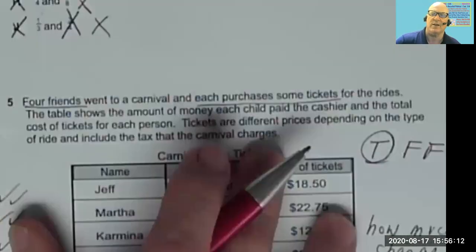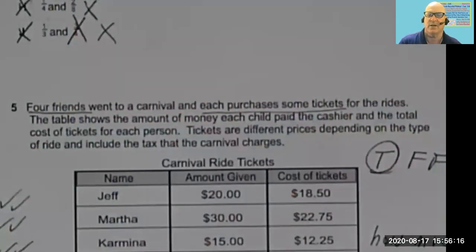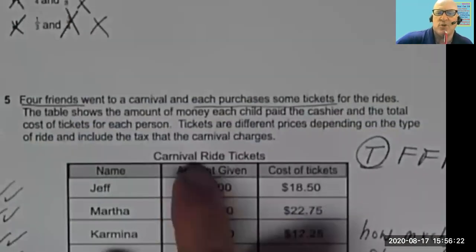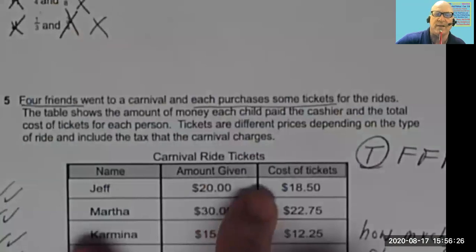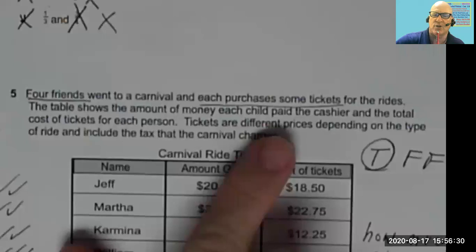Let's see what extra information they give us in the problem. 4 friends, those kids on the left, went to a carnival, and each purchases some tickets, we don't know how many, for the rides. The table shows the amount of money each child paid to the cashier.